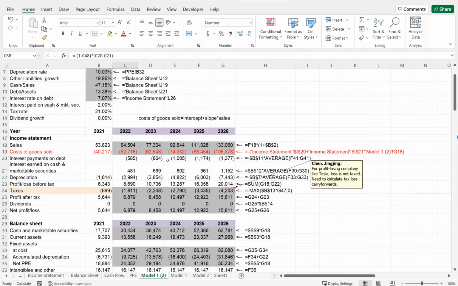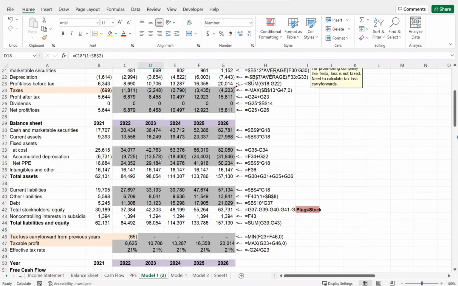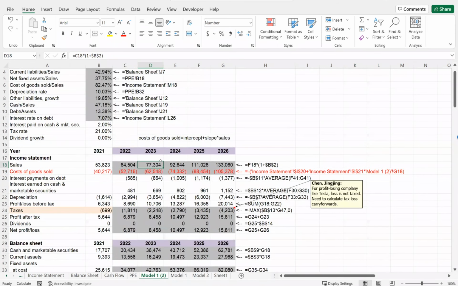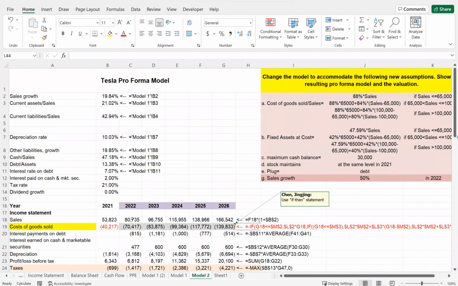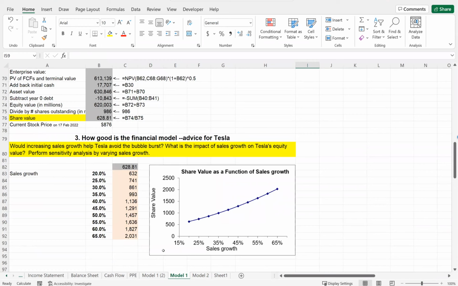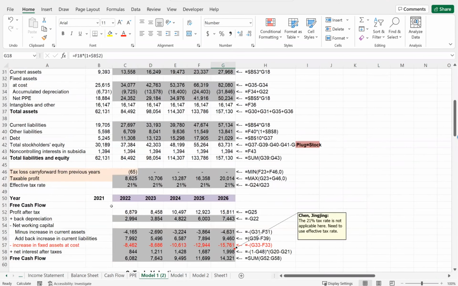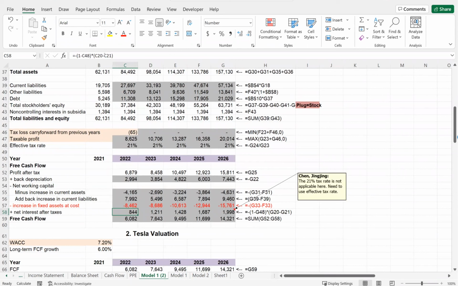Let's see if I modify the cost of goods sold. Change it to plus.